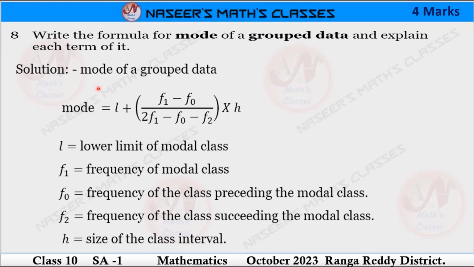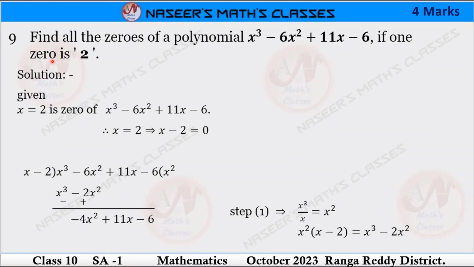We already know that the mode of a group of data is equal to L plus (F1 minus F0) by (2 F1 minus F0 minus F2) into H. Here F1 is frequency of the modal class and L is the lower limit of the modal class and F0 is the frequency of the class preceding the modal class and F2 is the frequency of the class succeeding the modal class and H is size of the class interval.